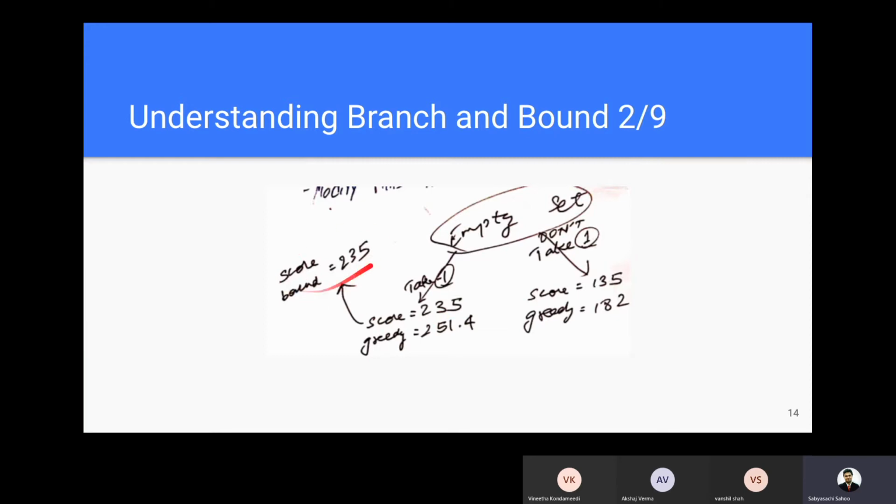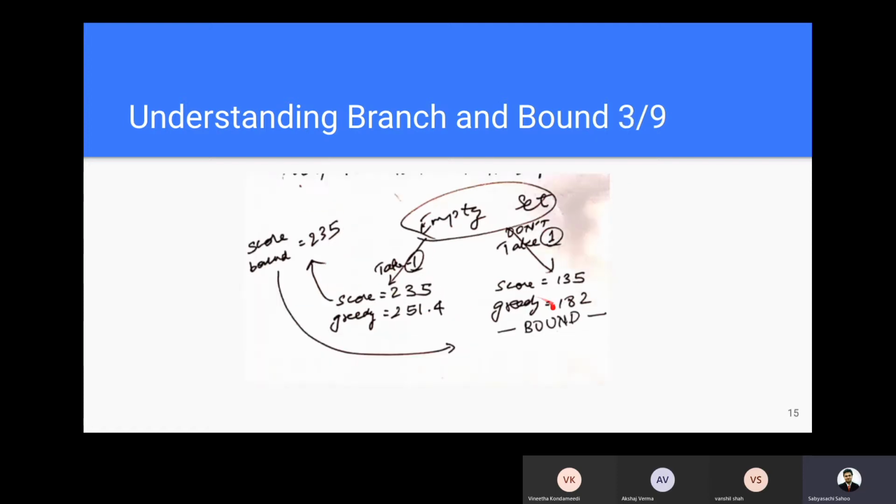So you update the score bound variable using that. Once you have this score bound variable, every time you find a better 0-1 knapsack score, you update it, and every time you find for any node that the greedy or the best you can do is less than the score bound, or the optimal solution you have seen so far, you bound.